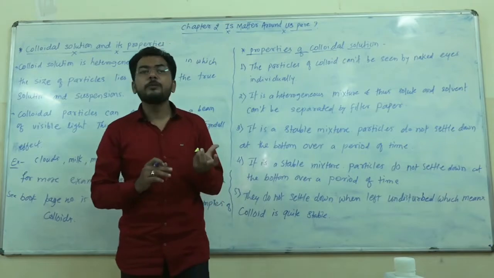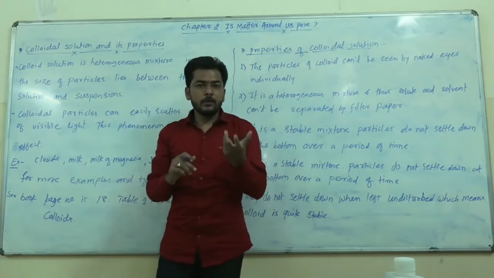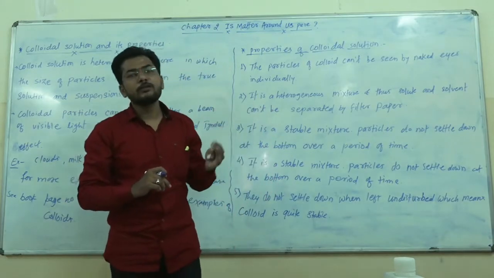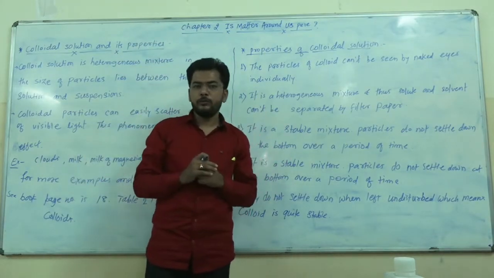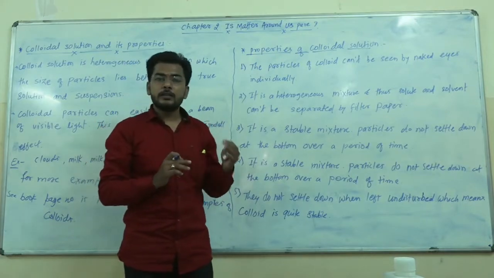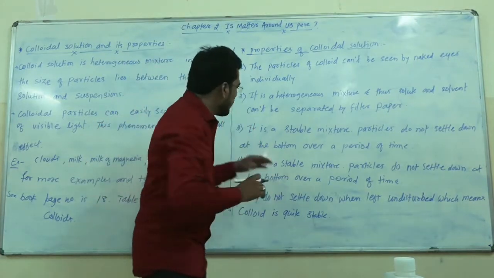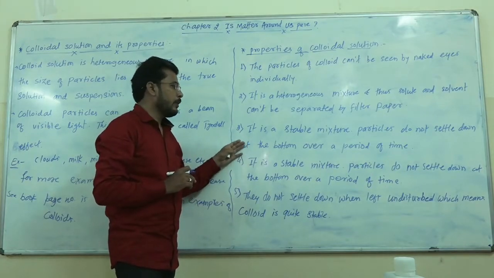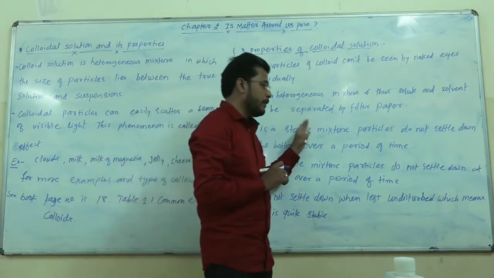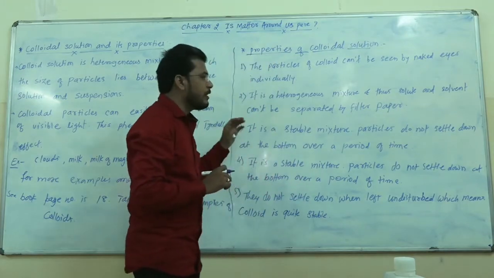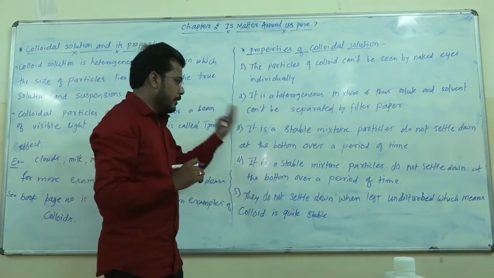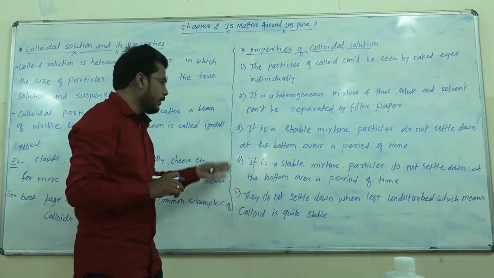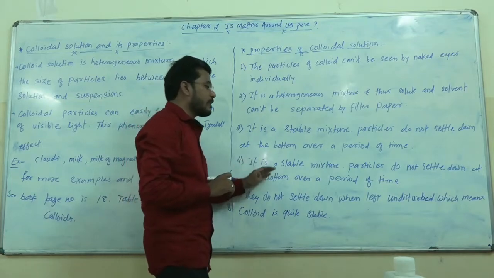When we keep this mixture undisturbed for some time, the particles of the suspension settle down and form separation boundaries. But in case of colloidal solution, it does not happen. It is a stable mixture. The reason is that the particles remain suspended in the solution.